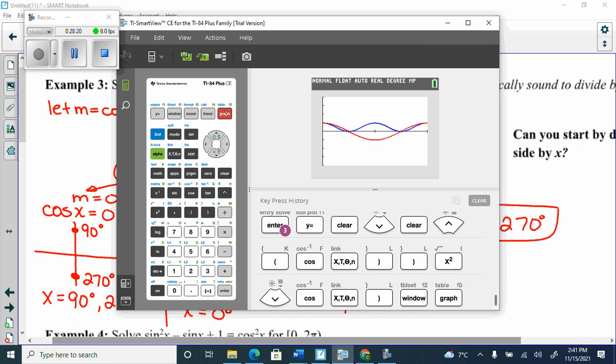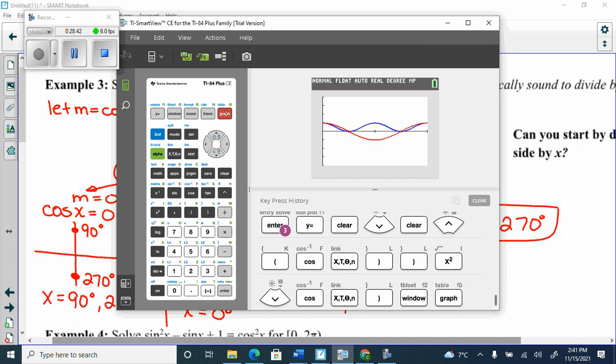Where am I looking for solutions? I know where I'm looking for them. I'm hoping that there's one at 0. I hope there's one at 90, and I hope there's one at 270. Will 360 show up on here? Yeah, because I gave it 360, but I just can't include it. Correct? So let's see. I'm hoping at 0 I got one, because I have one at 0.